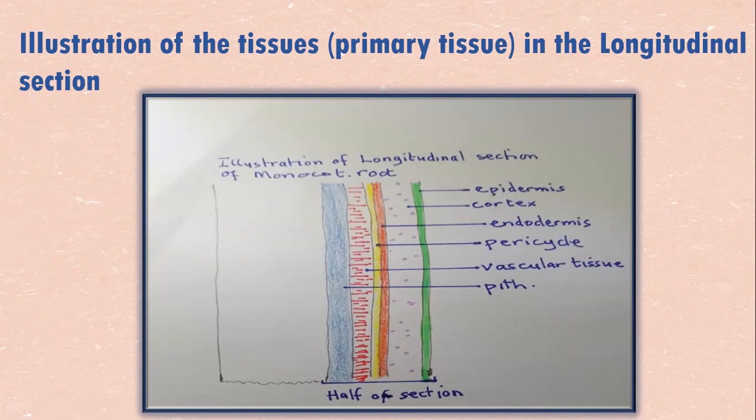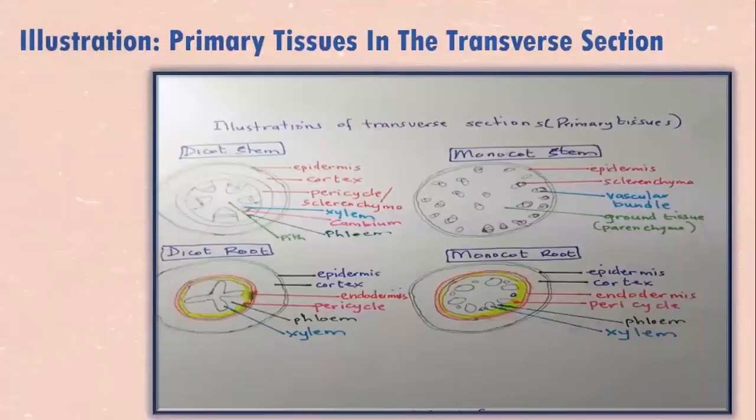Now we want to look at the tissues, as you can see in a primary tissue, that is plant parts that are not lignified or gone through secondary thickening. They are soft, they are delicate, they are still growing. Here are the primary tissues in transverse section. This has been produced so that when you see a dicot stem section, you should see it.